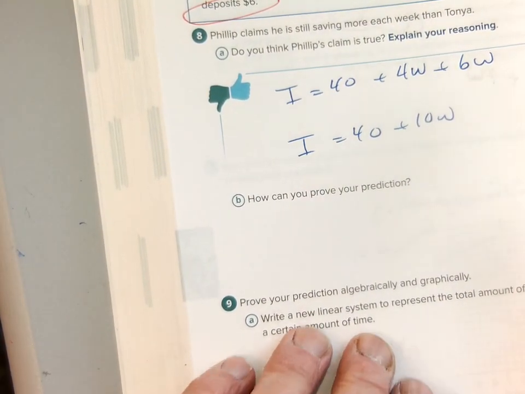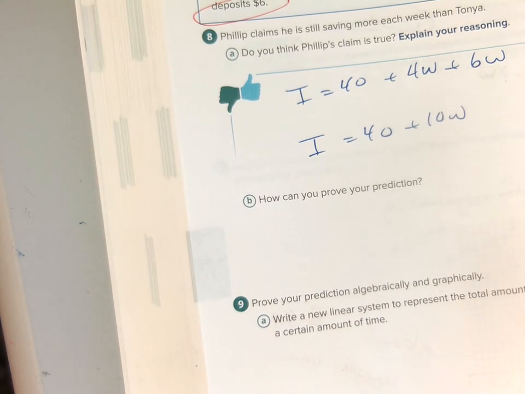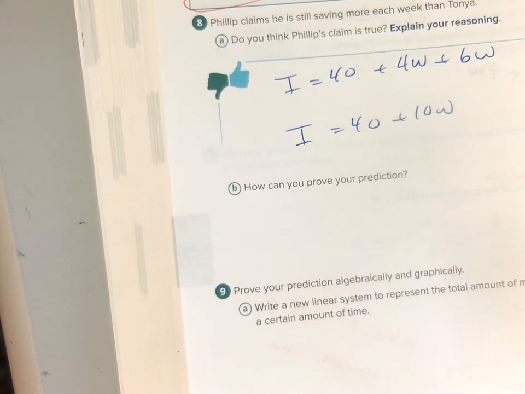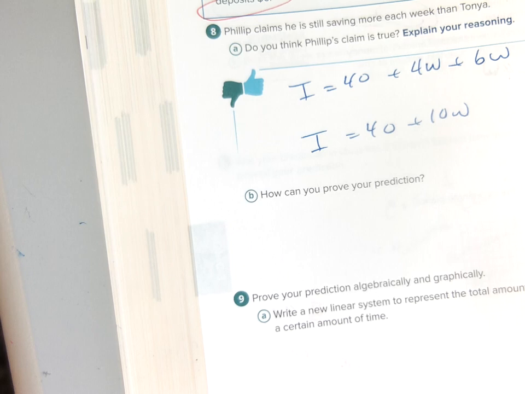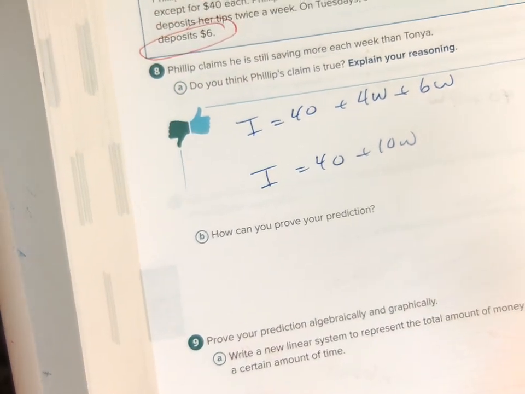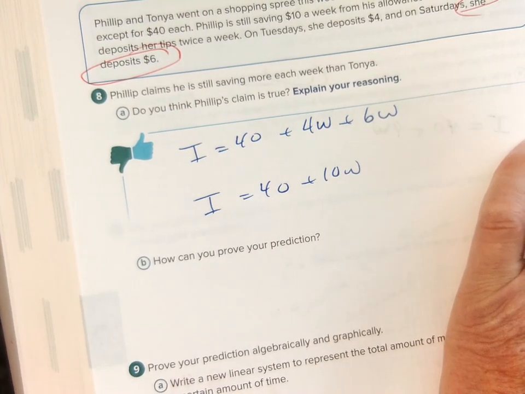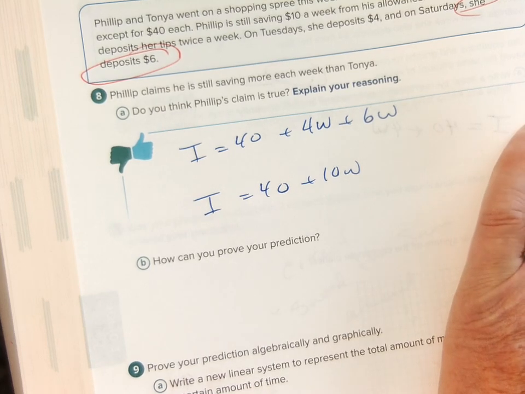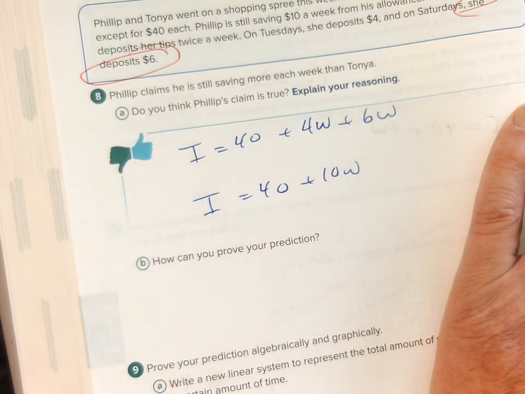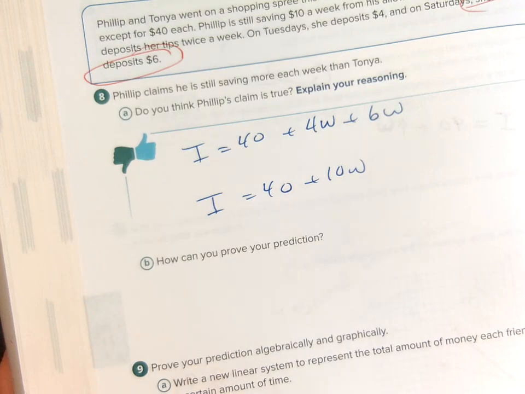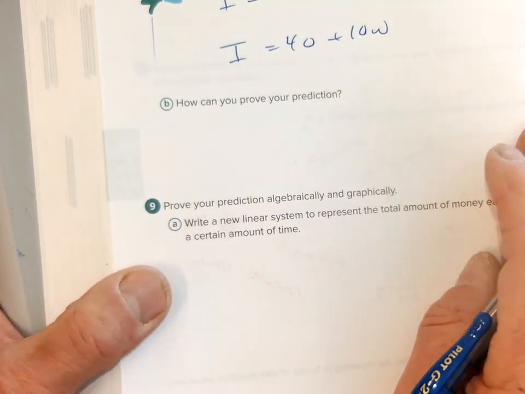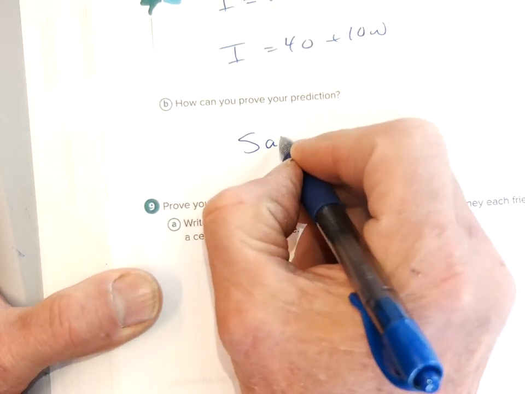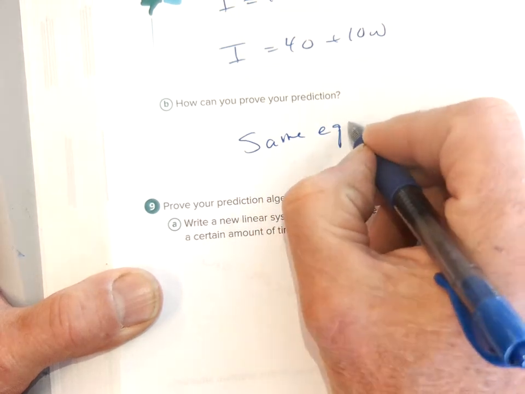So if I were to graph both of those on my graph, it's the exact same equation. So here's my 40. I'll put Tanya's down in this color. So, linear systems of equations: same equation, right?